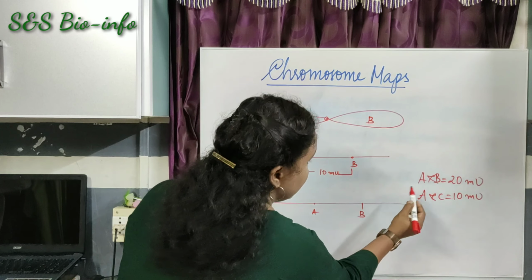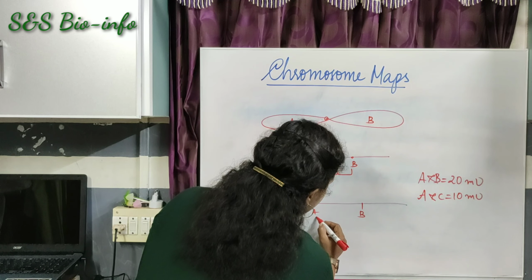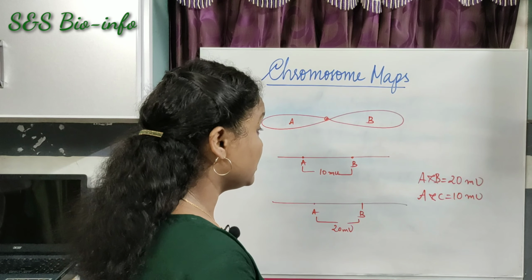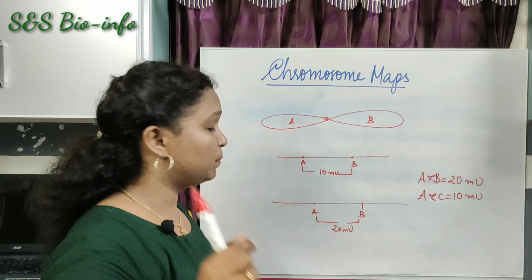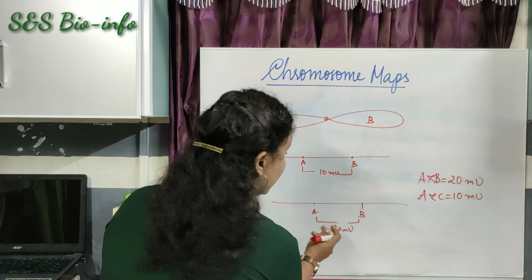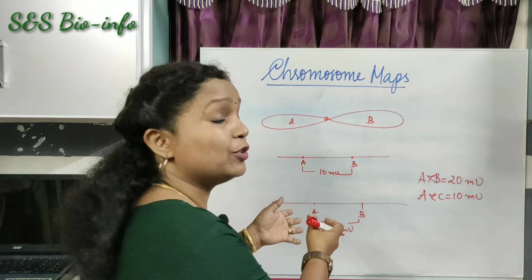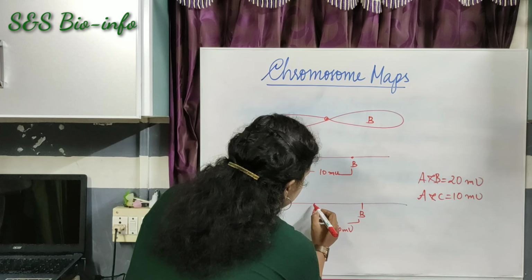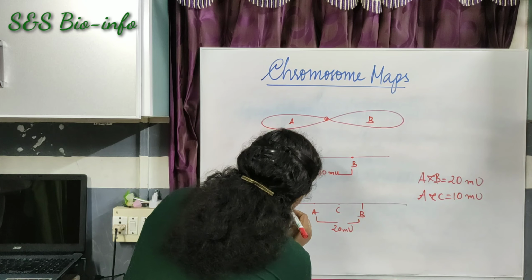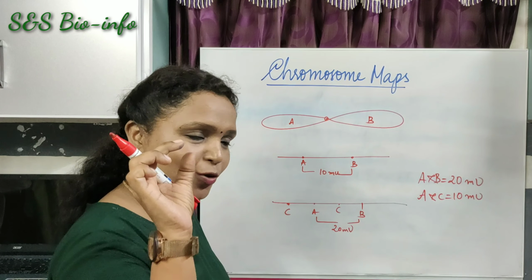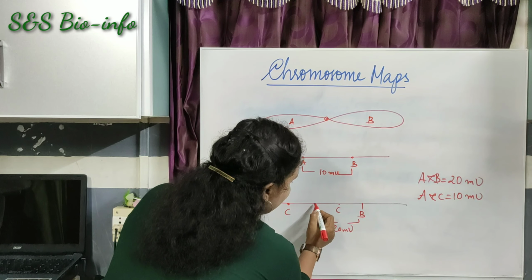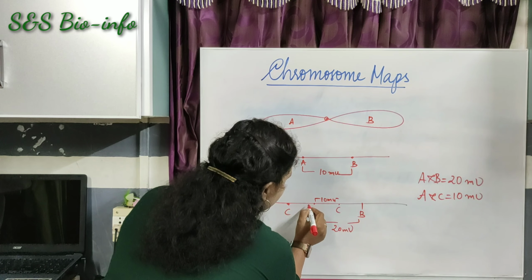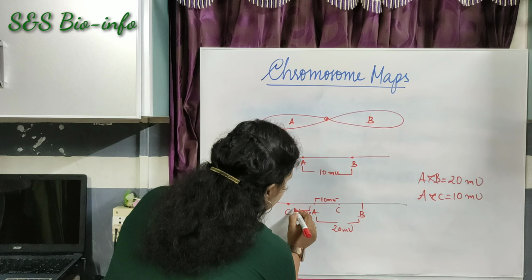It is not mentioned that it is present in between A and B. It is the distance between A and C, so it can be either here or here. There are two options. Here A to C is 10 map units. Another chance, 10 map units.